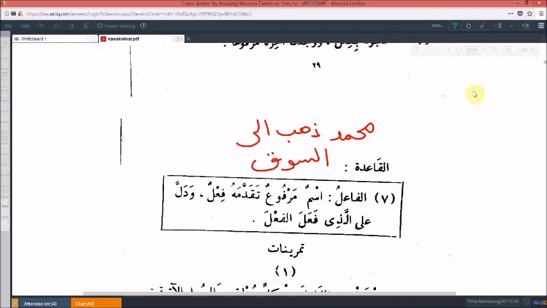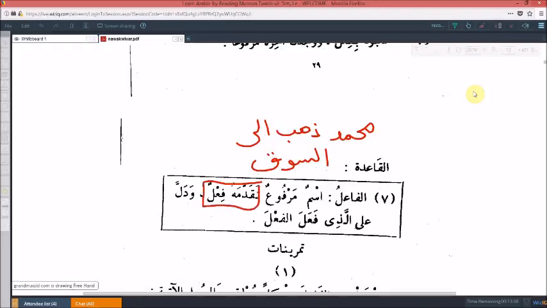Muhammad ذهب. Who's the one who went? Muhammad. Is he the fa'il? Yeah. In English, we might say yes. But in Arabic, we will say no. When we're breaking down this sentence, we're going to say no. Because the fa'il is always going to be preceded by a fi'l.